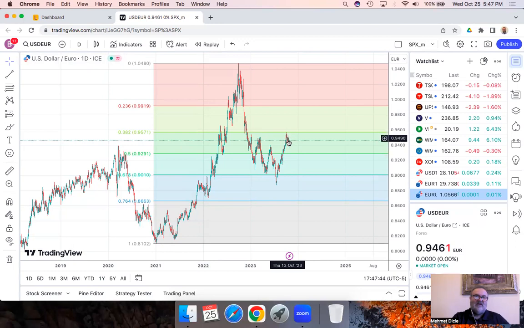So I would say that at this point, the price breaking below that 61%, while it's likely, may not be as strong, but we'll see. And so, currently, like I said, with the Fibonacci, we're looking at the resistance and support lines. The first support line that you see is 0.9290, and then the second one, 0.90.